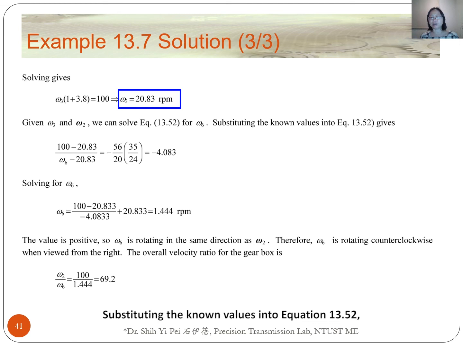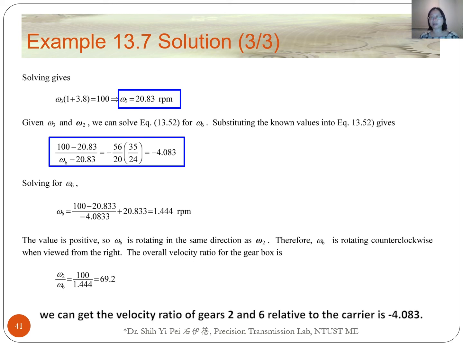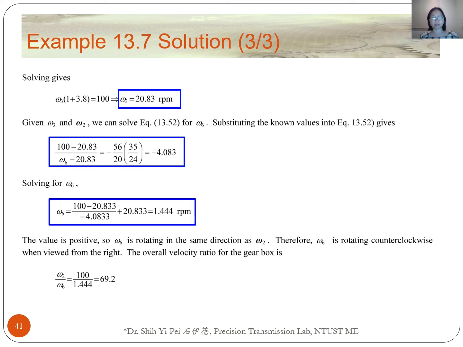Substituting the known values into equation 13.52, we can get the velocity ratio of gears 2 and 6 relative to the carrier is minus 4.083. Omega 6 is 1.444 rpm.